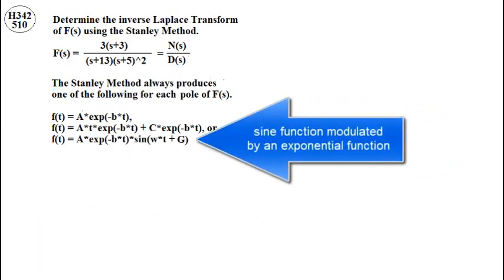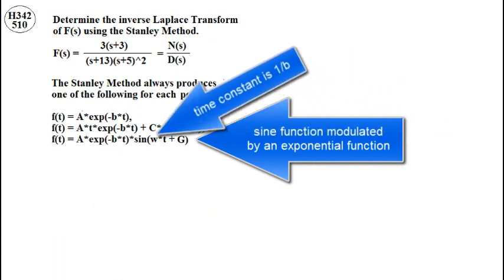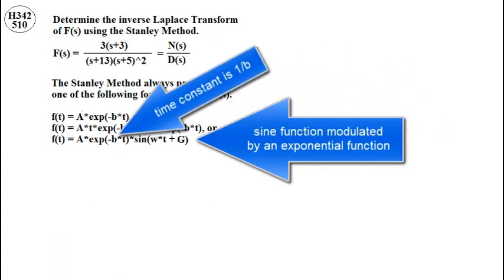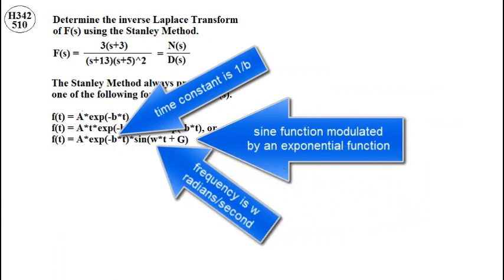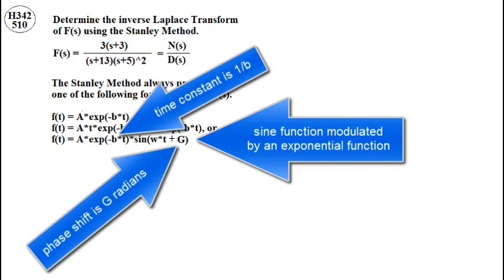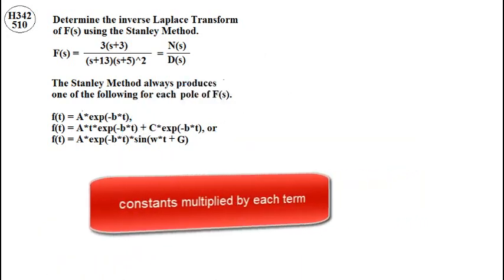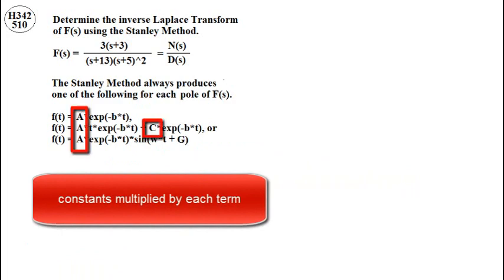It could be a sine function modulated by an exponential function. The time constant of the exponential is 1 over b, the radian frequency is omega, and the phase shift is g. And there are constants multiplying each term.